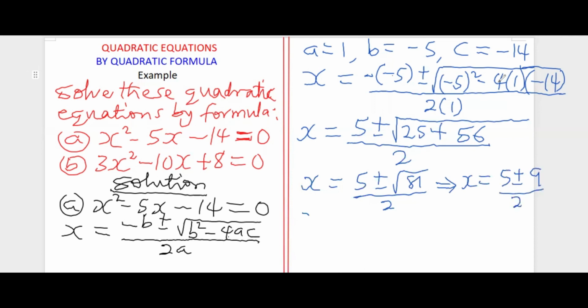So we can as well separate this. Since we have plus or minus there, let's first use plus, that is 5 plus 9 divided by 2, or x equals 5 minus 9 divided by 2.